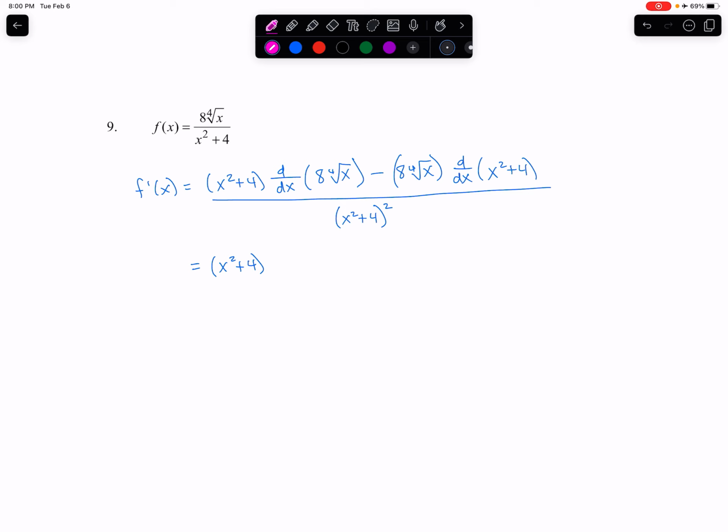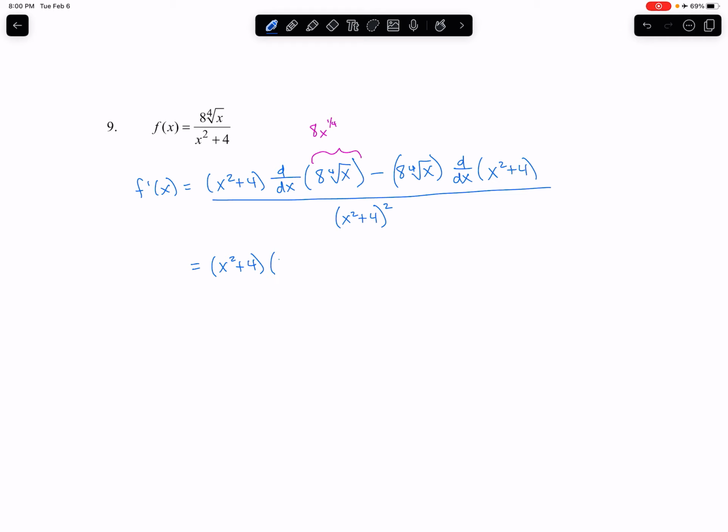If I pull this one out, I can rewrite it as 8x to the 1/4 using our exponent properties. And that's easier to take the derivative of. So we can use the power rule.